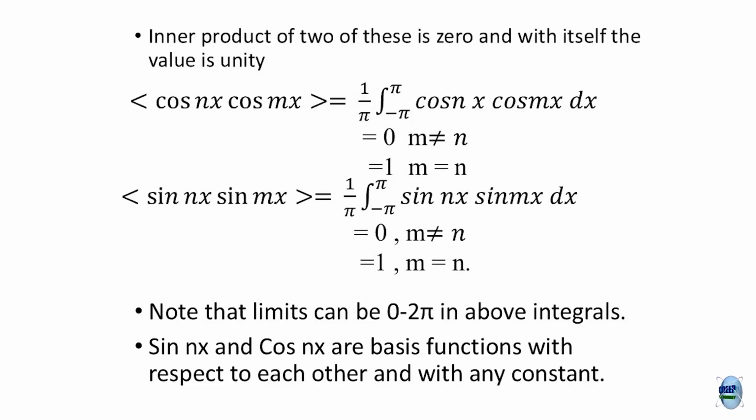I don't know, and I am not so concerned about it either. Sin mx, sin nx, cos mx, cos nx are all orthogonal functions. If you take the inner product with themselves, they are unity, and so this is an orthonormal basis.